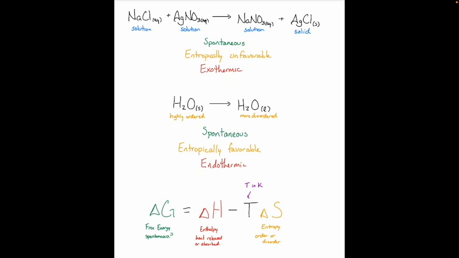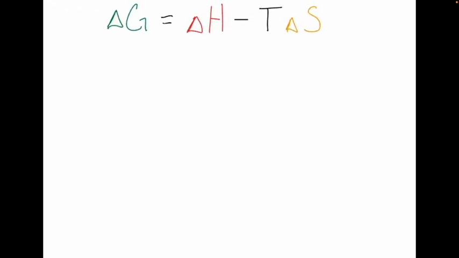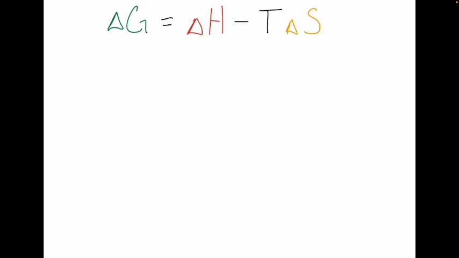All right, so we're going to take a little bit of a deeper dive using this equation. Let's just copy this onto a new page. All right, and we're going to make a little bit of a cheat sheet table here, looking at the value of each of these three components.